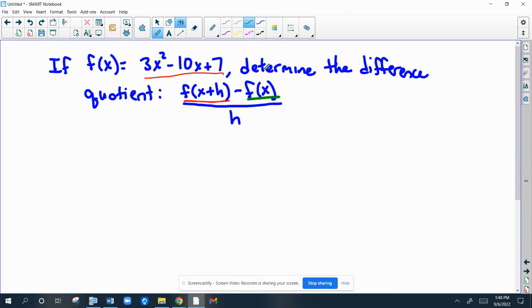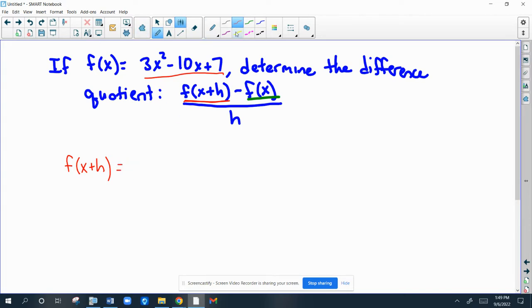The red piece of the difference quotient, which I'm going to write right here, just asks us to evaluate f of x plus h given this function, 3x squared minus 10x plus 7. So f of x plus h means you plug in x plus h for all the x's into f.